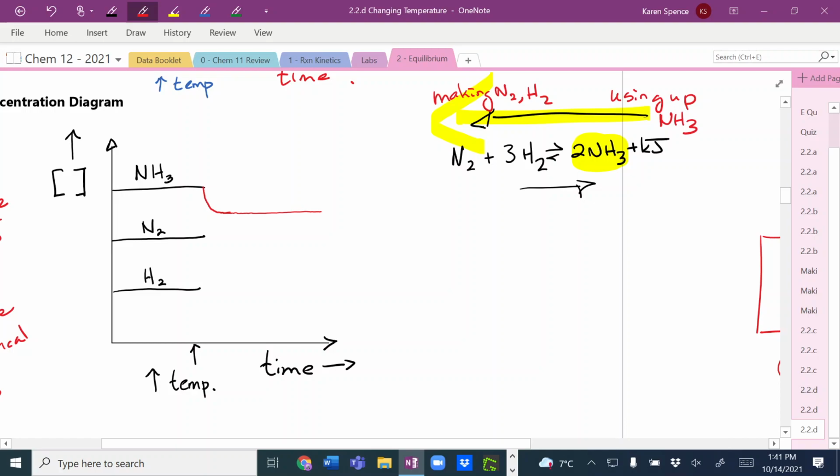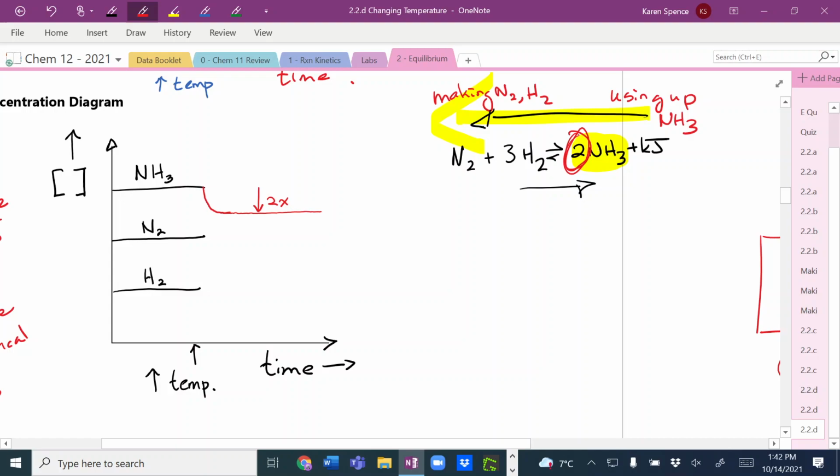And are they going to go up by the same amount or by different? Yeah, so if I wanted to label this with an X value, what would I use for my ammonia? I would use 2X.